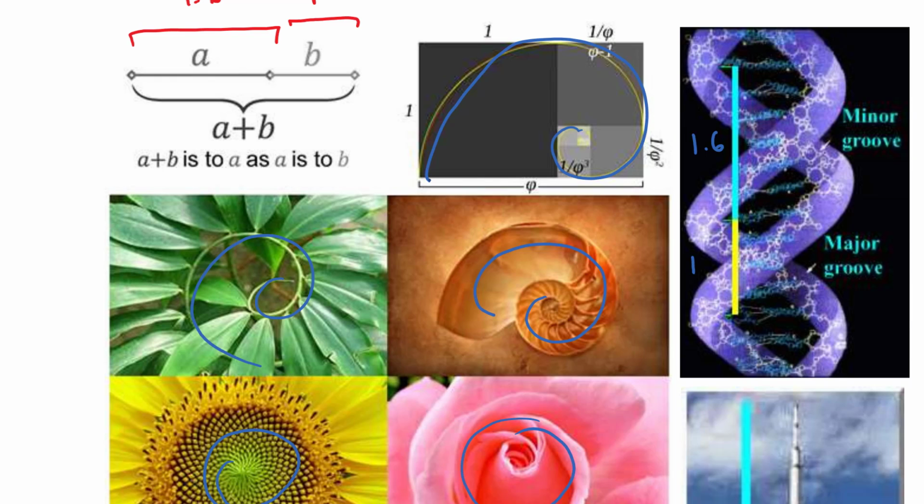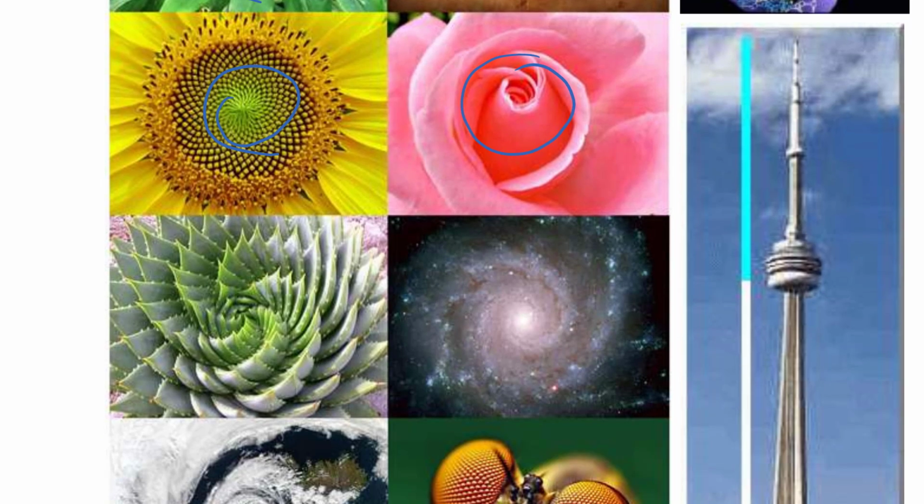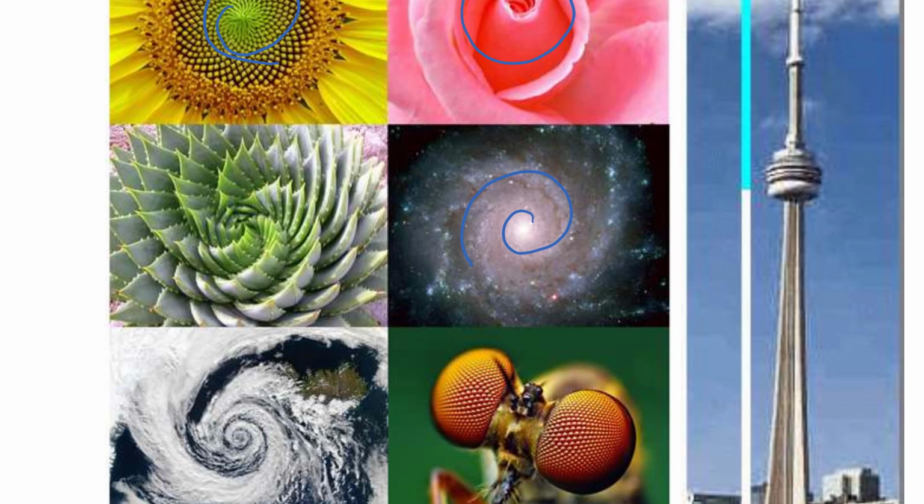It's crazier than that even. Spiral galaxies are the same. Hurricanes are the same. Even our own CN Tower here in Toronto is designed with a ratio of 1 to 1.6. There's something special about that ratio. That's why it's called the golden ratio. Much of nature has used this value to pattern it.